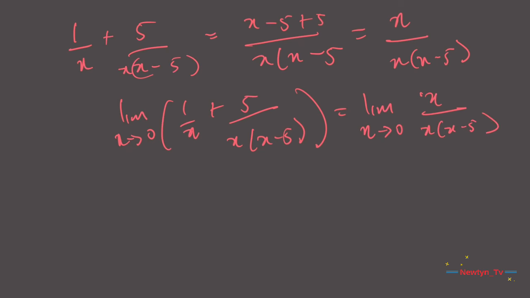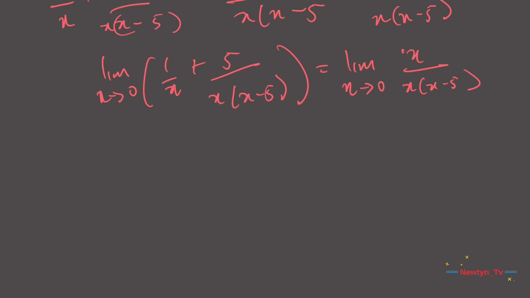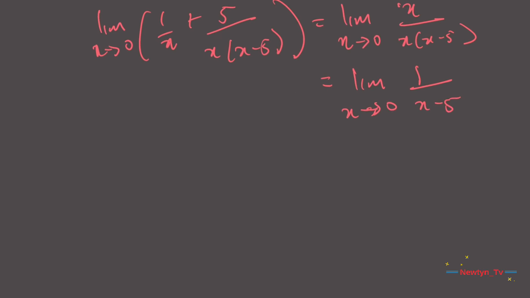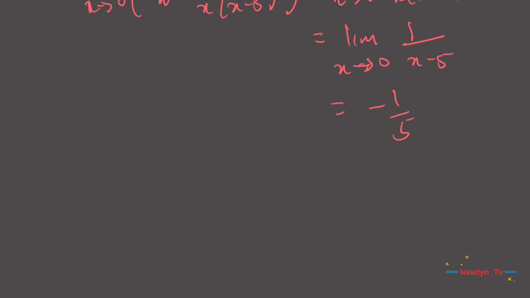And when we simplify it, we should be getting the limit as x approaches 0 of 1 on x minus 5. Then we substitute the 0 where the x is, and we should be getting negative 1 on 5. So this is very, very simple to do.